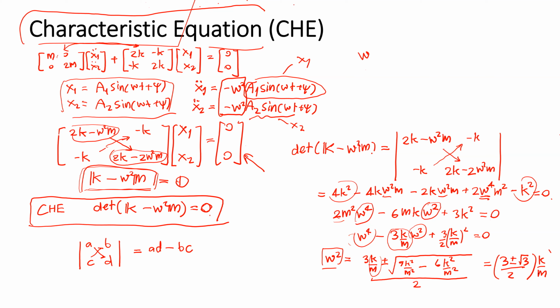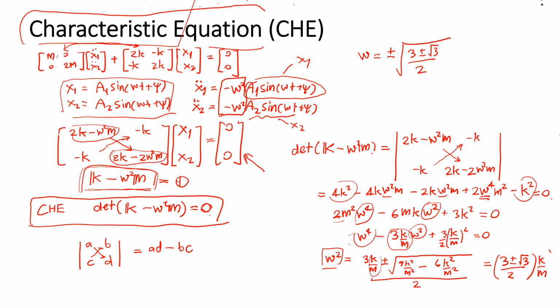For each omega square, if we obtain the omega, we can have the positive and negative root. But yeah, by the physical meaning, the natural frequency can only be the positive value.